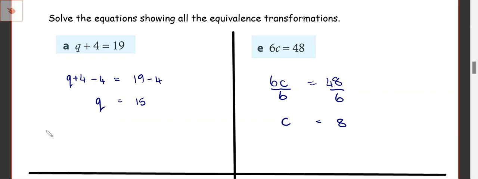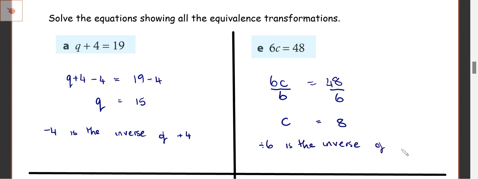So in this one, subtract 4 is the inverse of plus 4. In this case, dividing by 6 is the inverse of timesing by 6. So it gets rid of it. Okay?